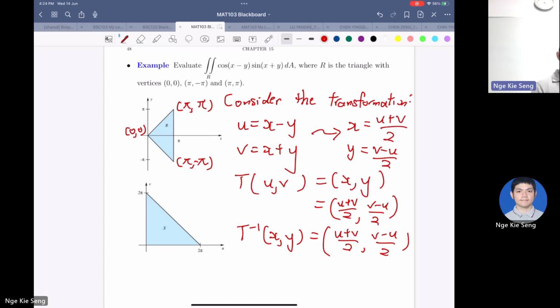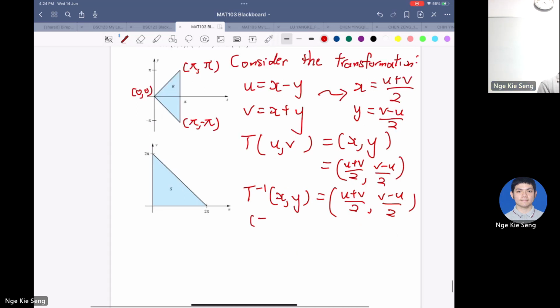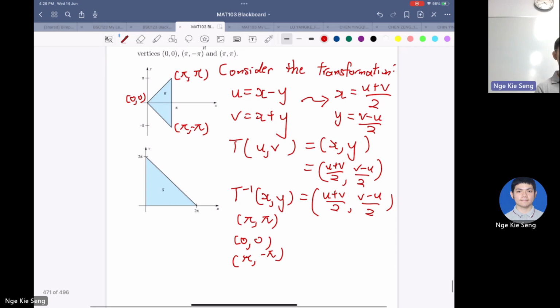So we need to check where our (pi, 0), (0, 0) and (pi, minus pi) get sent to. What's going on? Something wrong? Inverse of it. Oh yeah, correct. You are correct. But how do we define this map here?